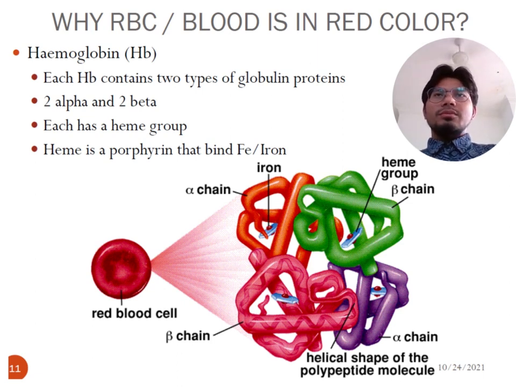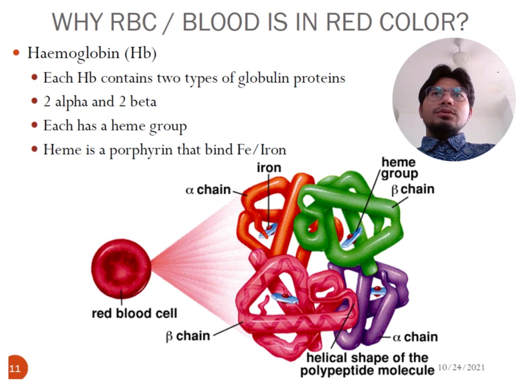The responsible ion is ferrum. The presence of ferrum contributes to the red color of the blood. Ferrum, or iron, is attached to a heme, a part of hemoglobin.